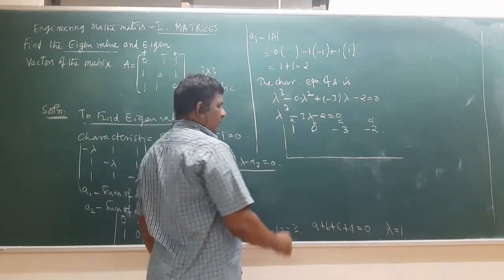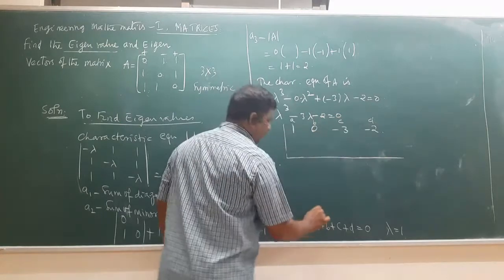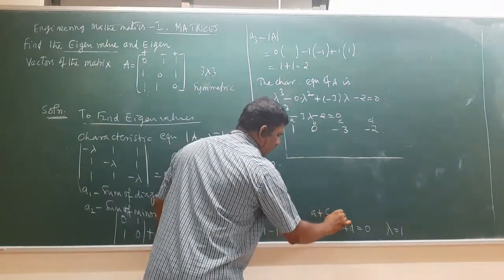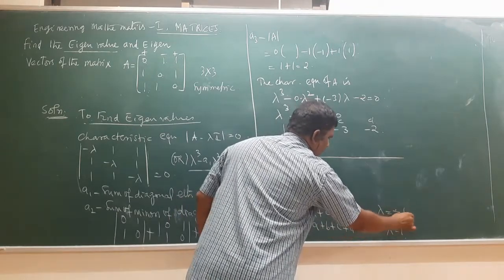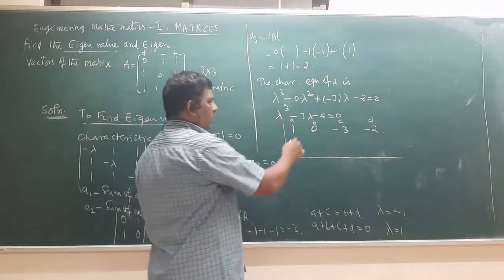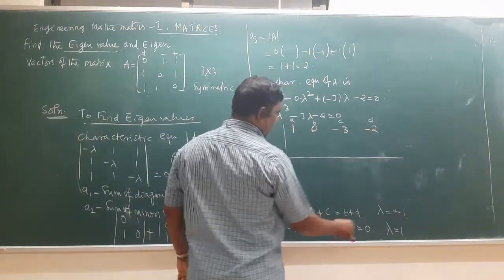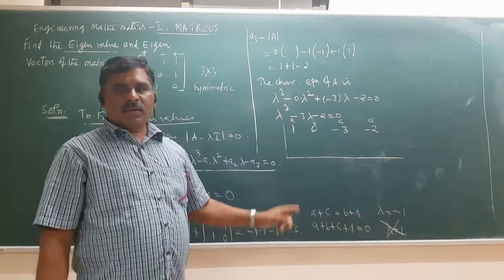In case you add the alternate values, a plus c equal to b plus d, then one of the roots is minus 1. We can add that now, 1 minus 3 minus 2, that is not equal to 0. This case is ruled out. So try the next one.